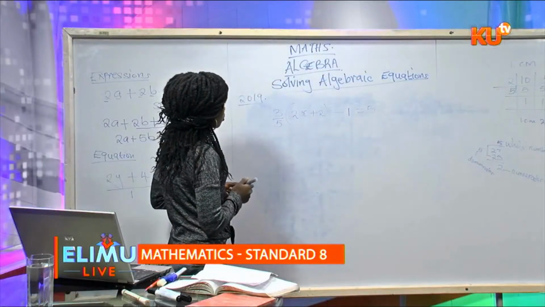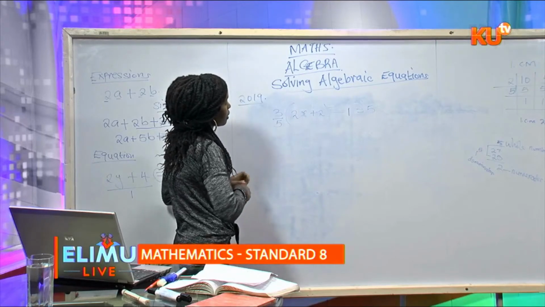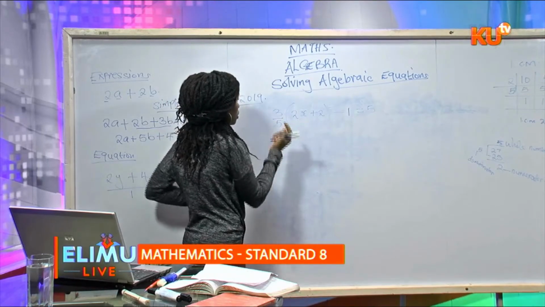So what are we supposed to do? First of all, we open up the bracket. To open up what is inside the bracket, you multiply by what is outside.